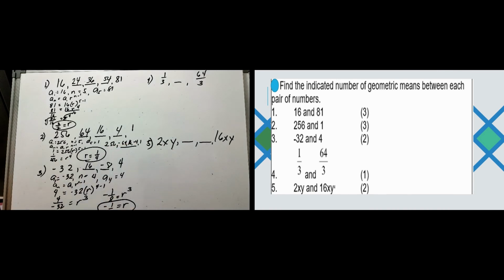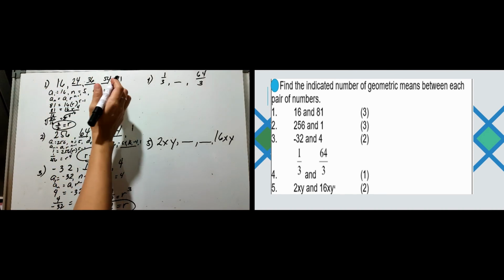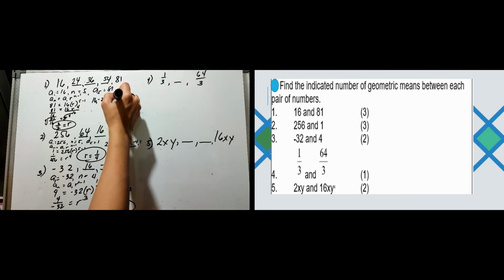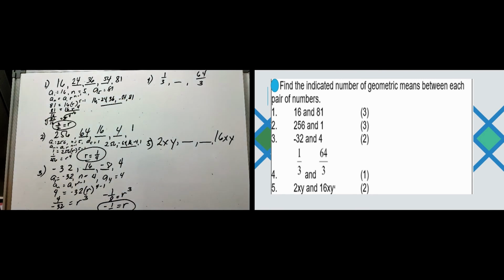And for number 1, it will be positive, negative. If we're going to use the negative 3/2, it will be 16, negative 24, 36, negative 54, and 81. Okay. Another solution for that.